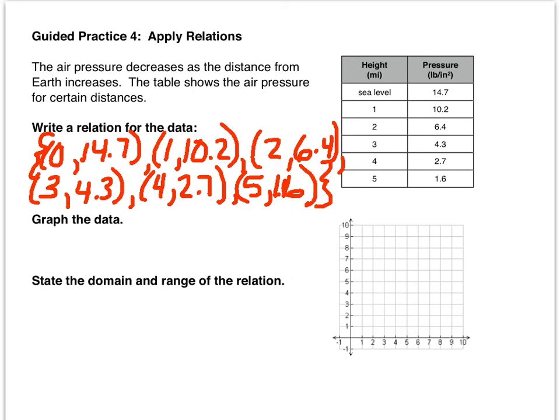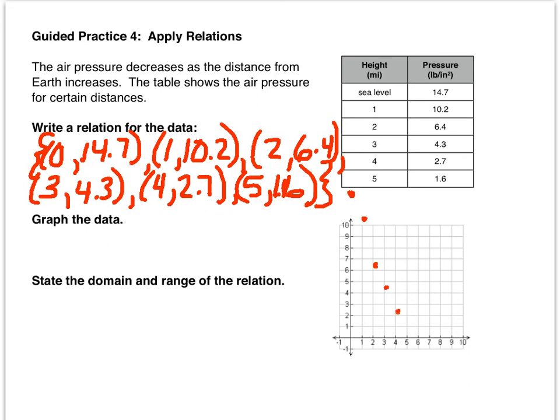For 0, 14.7, we'll go to the right 0 and up 14.7, which is going to take us a little bit off of our actual graph. At 1, 10.2, just a little bit above our graph. At 2, 6.4, we're going to go just a little past the 6. At 3, 4.3. At 4, 2.7.